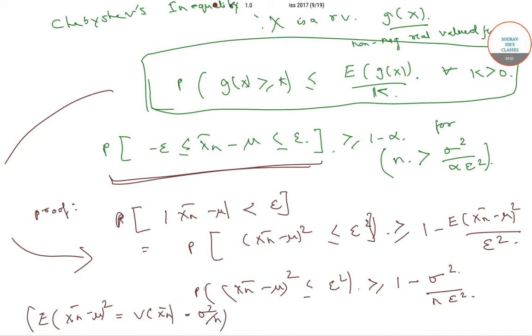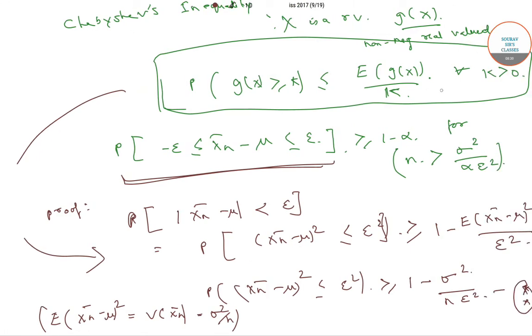So we get the probability that X n bar minus mu whole square is less than or equal to epsilon square is greater than or equal to 1 minus sigma square by n into epsilon square. Suppose we name this equation star and the earlier one double star.